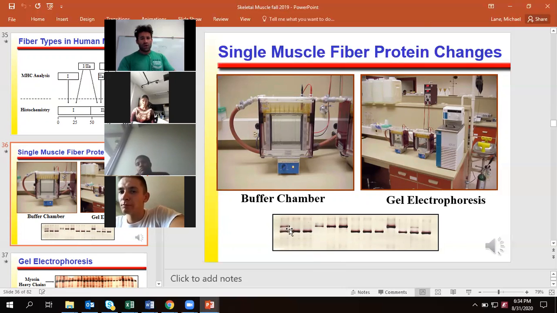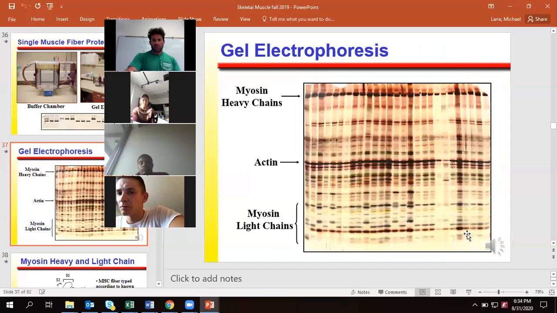And then you're going to stain these gels after they go through, and you'll see the bottom bar here, guys, is type 1 fiber. The upper bar here is type 2A, and then this guy over here might be 2A/2X. But you can see right there and right there, those are great examples of true hybrid fibers. And this is an example of the work they did at Ball State University.